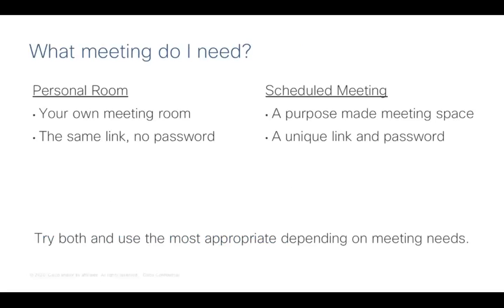And that is a unique link and a unique password specific to that meeting or that series of meetings. The personal room will always be the same link, and it's not got a password. So, as I say, just be careful which one you want to share. Most likely you'll be using a scheduled meeting, but by all means do try them both and just see the difference there. The best way to put it is one is your personal office and the other is a meeting room which you're going to book.